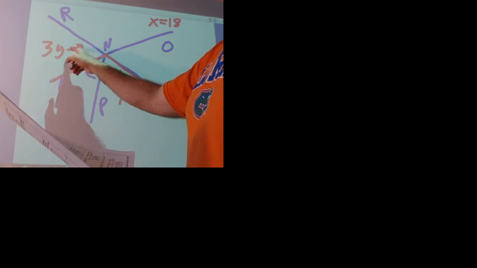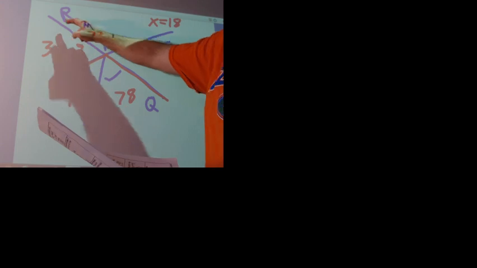If I add these two together, plus this 3y minus 9, then all of this right here is a straight line. So I know it's equal to 180. So I'll take 3y minus 9 plus 156, and that's going to equal 180.